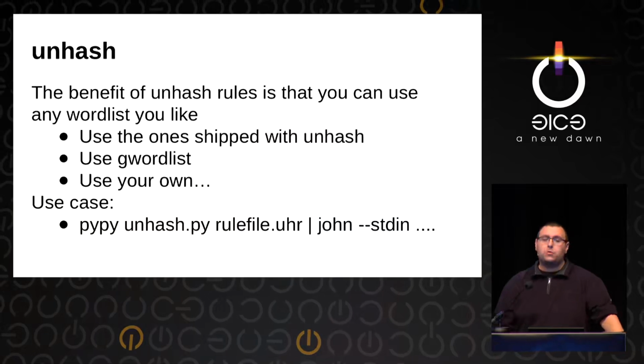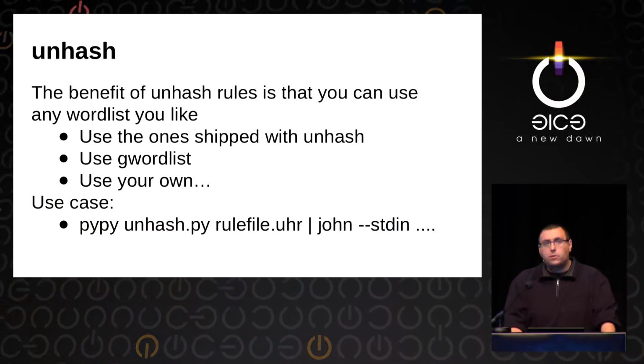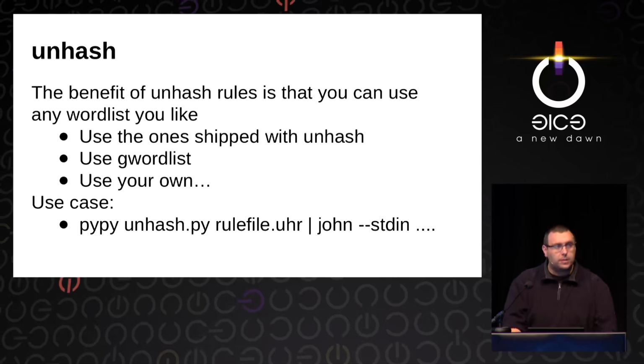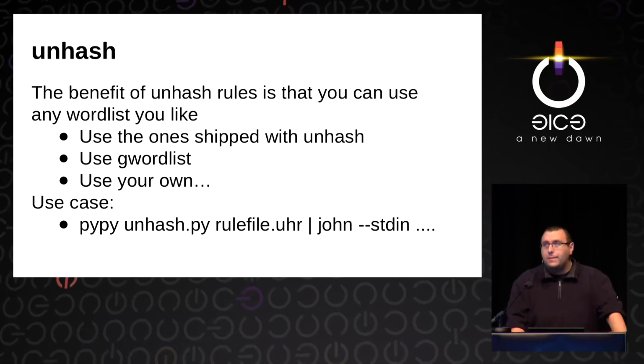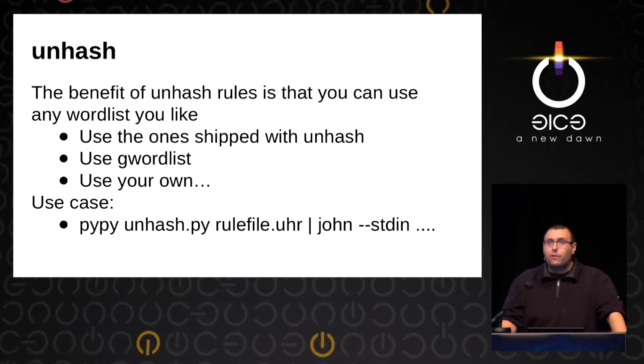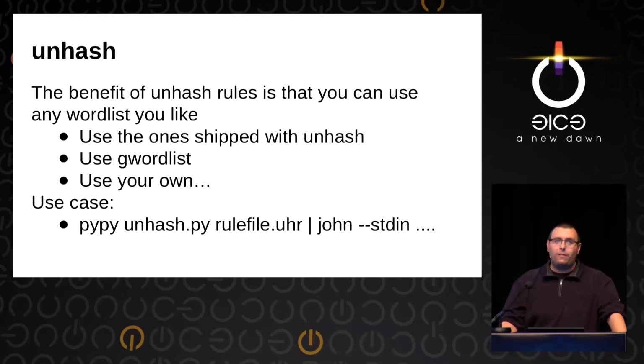The tool was created to be able to execute rule files, and you can pipe it into any popular password cracking program like John the Ripper or Hashcat or something like that. The interesting part here is if you look at GitHub, which I think some of you are already doing, you'll see that probably it's the most hideous code you have ever seen.